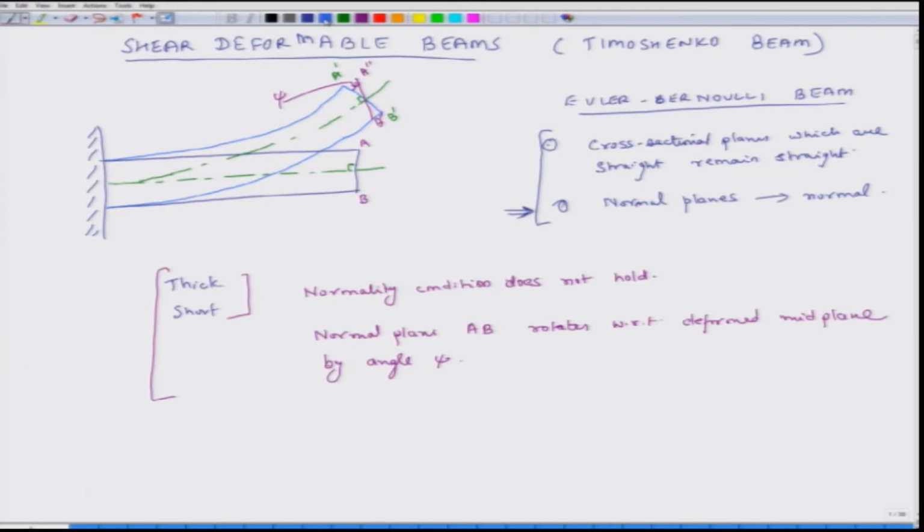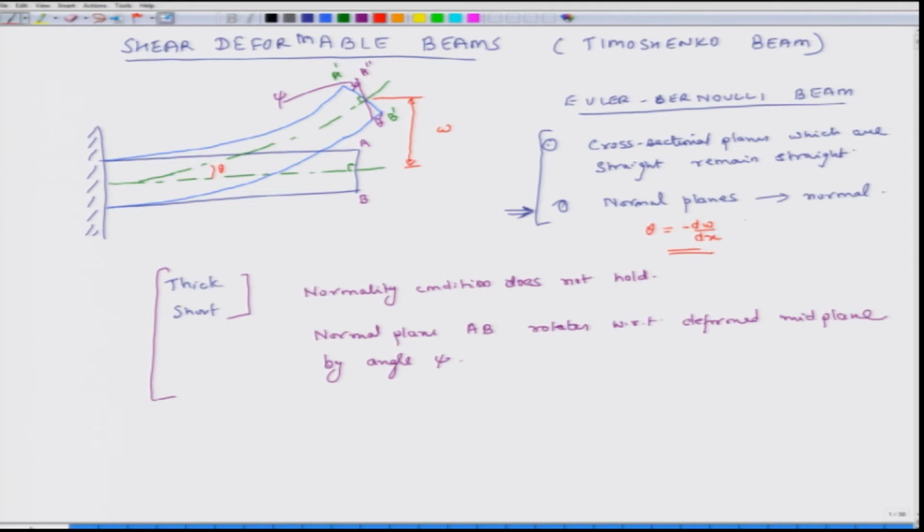Another related thing is that in a regular beam or an Euler Bernoulli beam, let us call this angle theta and let us say this displacement in the vertical direction is W. Then for Euler Bernoulli beam, theta equals dW over dx, right, and because I consider theta as positive, which is clockwise, there is a negative sign here.